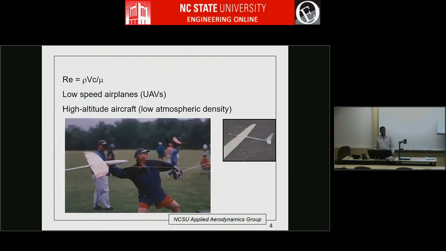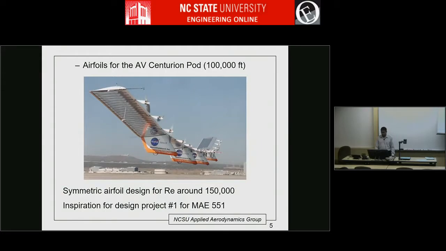Right? So we talked about low speed airplanes and high altitude airplanes where Reynolds number is low, and so these airfoils, as we are going to see later in the course, will have laminar separation bubbles, and a big task is to figure out how to manage these laminar separation bubbles. So we'll talk about all this in detail about what laminar separation bubble is and so on.